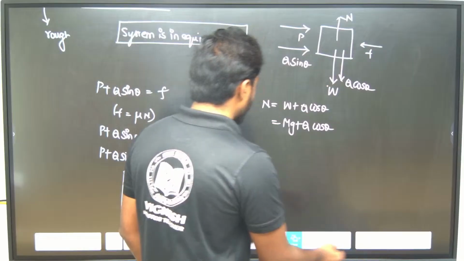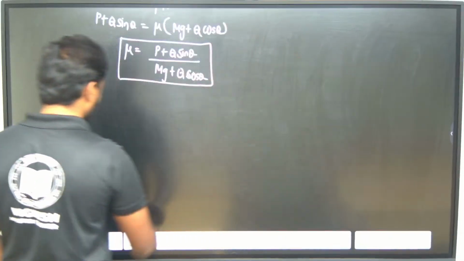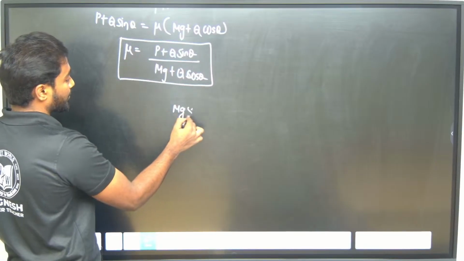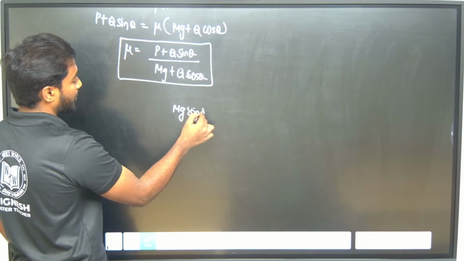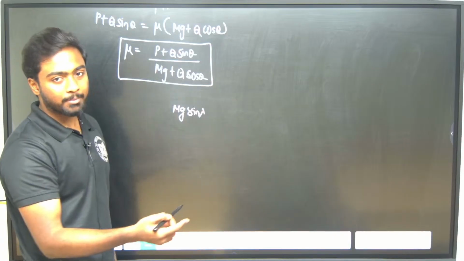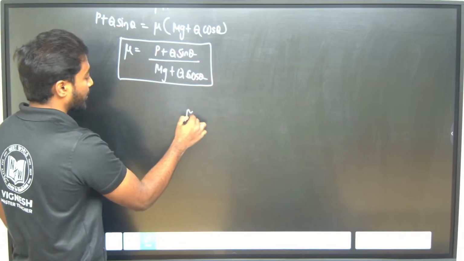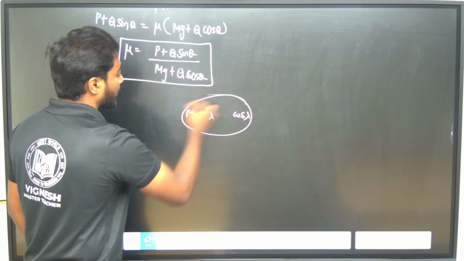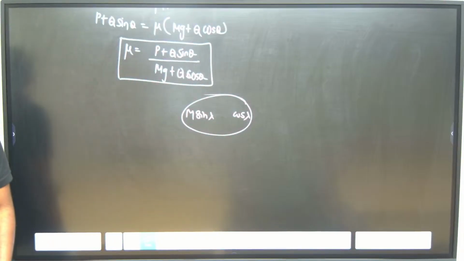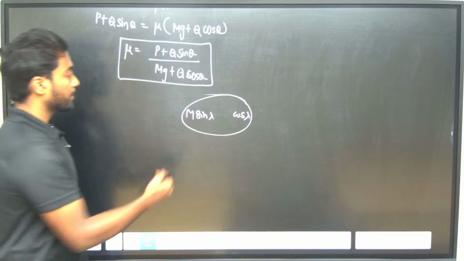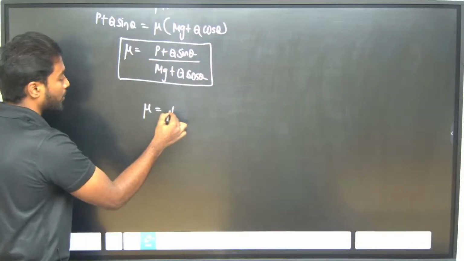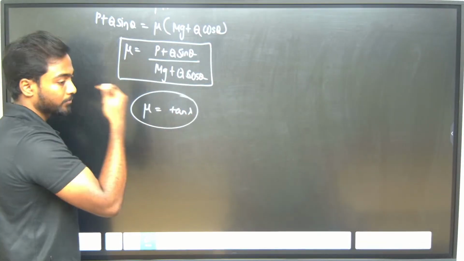Yes, so easy, like I can say directly it is mg sin lambda and mg cos lambda, two things I need to take. So what will be the relation now? Okay, the answer is correct. Mu will be equal to tan lambda, that's it.